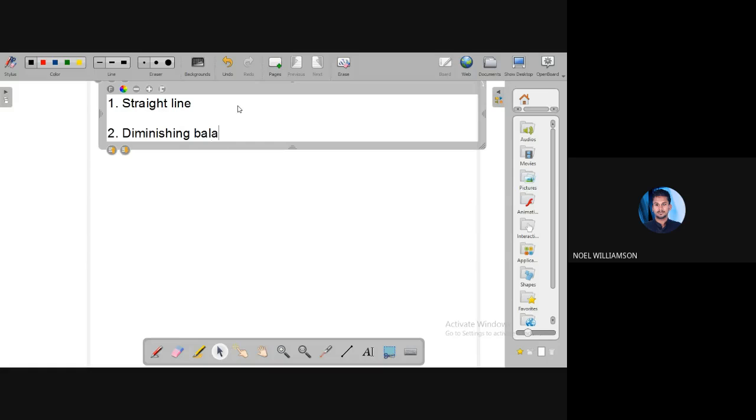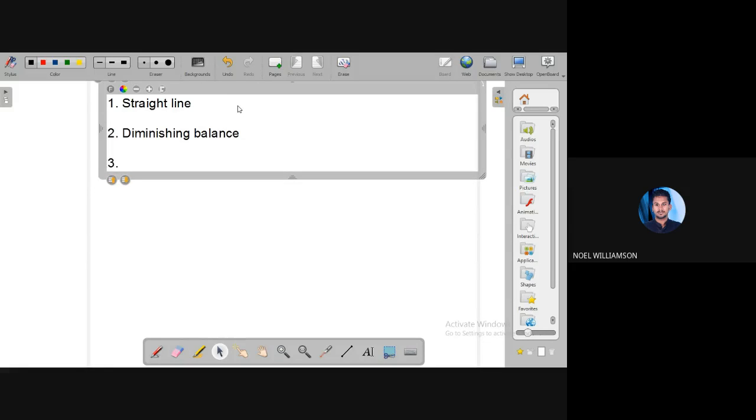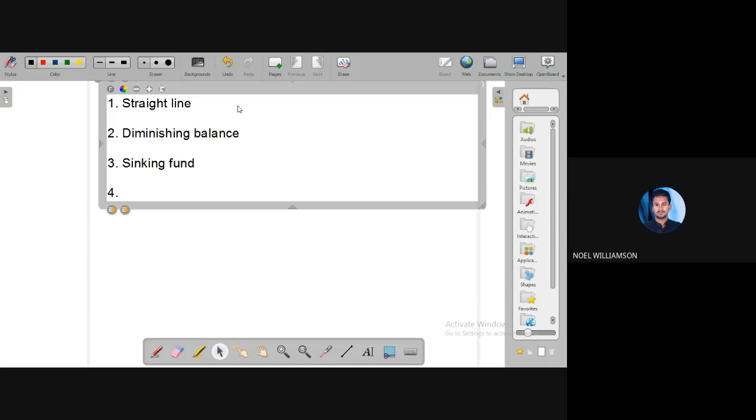Two more methods are there: the sinking fund method, and finally the sum of years digit method, or SYD method.